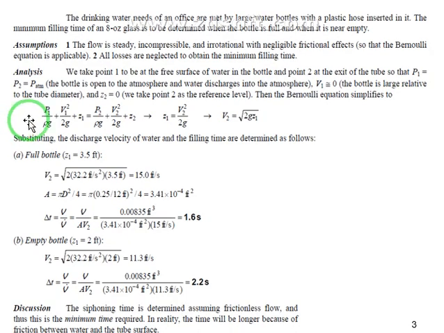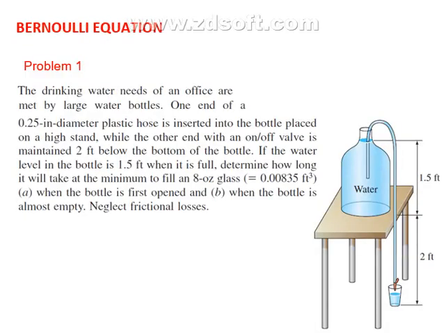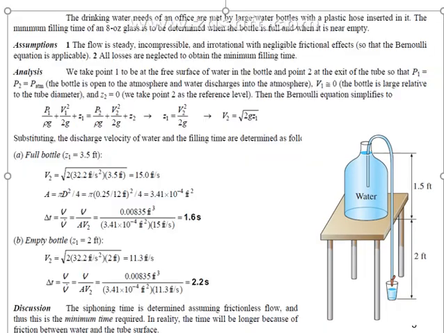You see, guys, we just directly apply the Bernoulli equation. As I told you, in this case, if we look at the figure here, you will see that P is atmospheric pressure in both cases. So P1 is gonna equal P2, right?